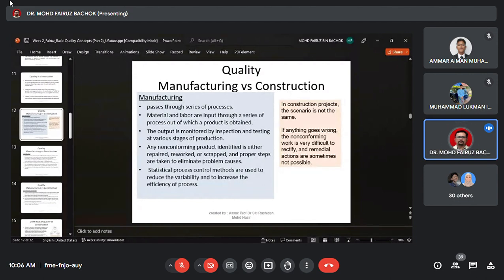So you should know which process is the priority for remediation compared to another process. This means you need statistical analysis.